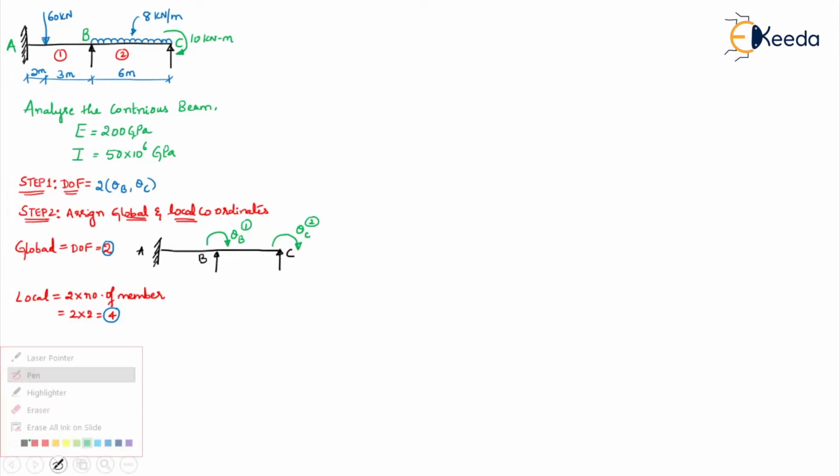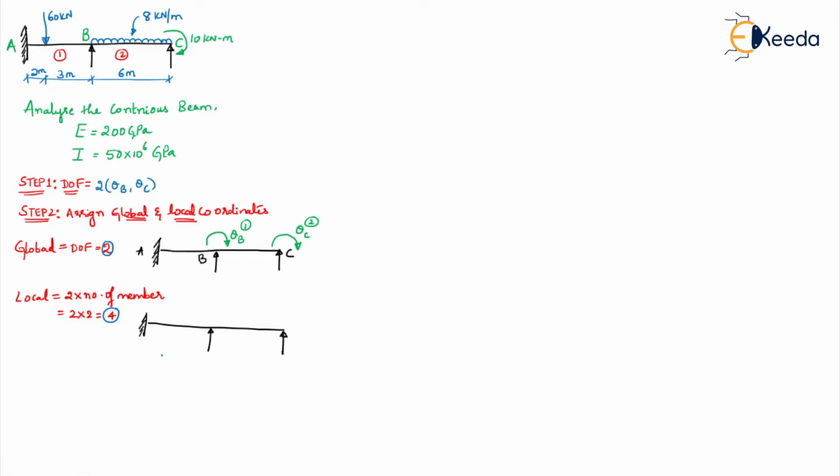Coming to your local coordinates, how will you show them? This is your beam, this is fixed, and these are simple supports. Your local coordinates will be 2 per member. I'll take them clockwise.